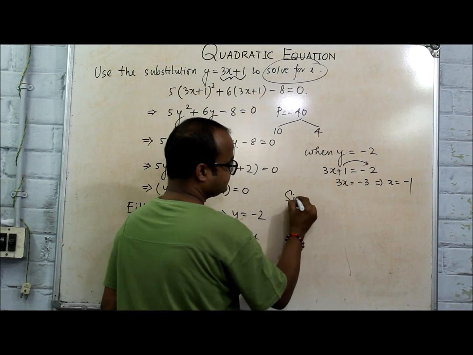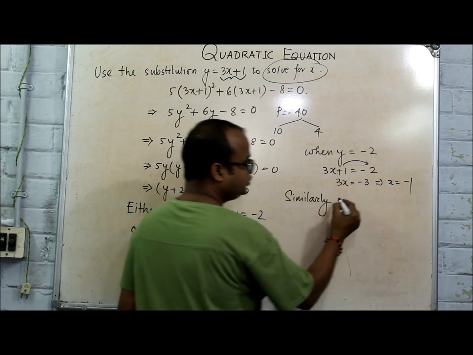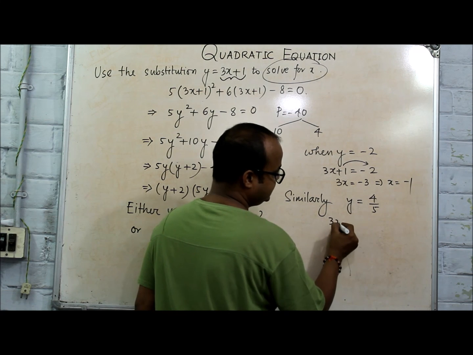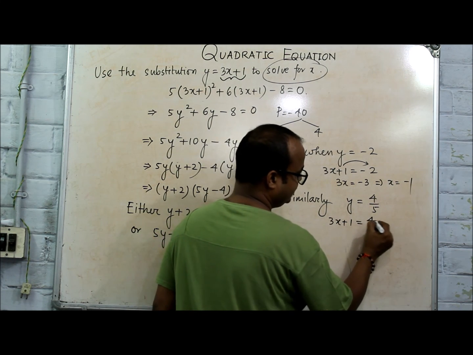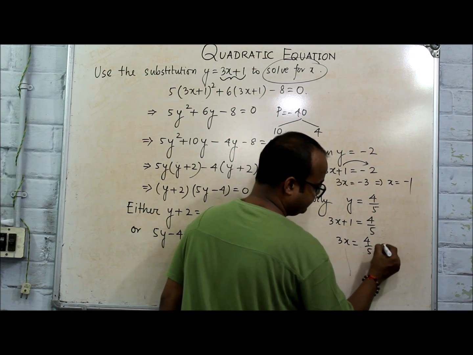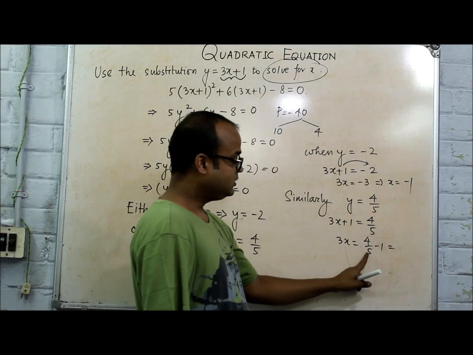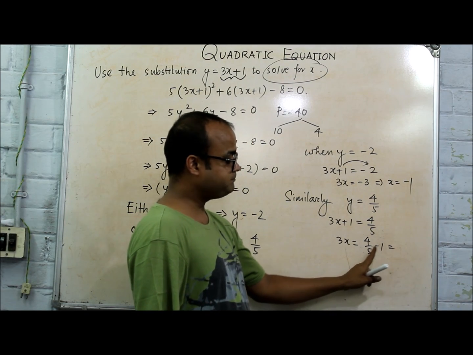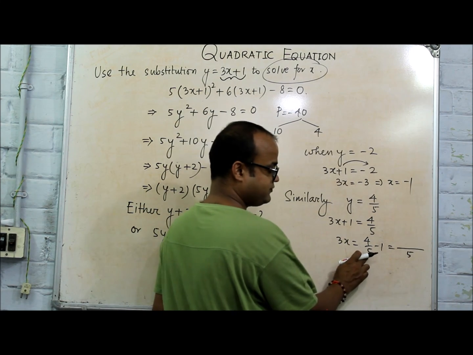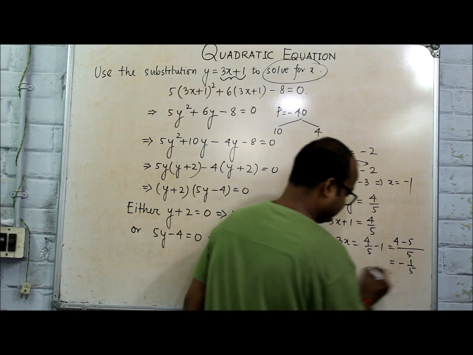Similarly, y is equal to 4 by 5. That means 3x plus 1 is equal to 4 by 5. That is, 3x is equal to 4 by 5 minus 1. 4 by 5 minus 1 means, if you take the LCM, which is 5, 4 minus 5 by 5, that is equal to minus 1 by 5.